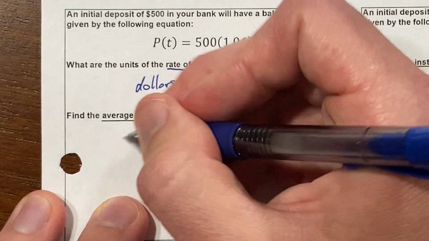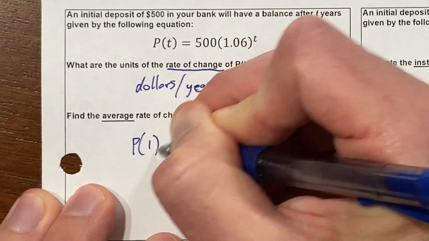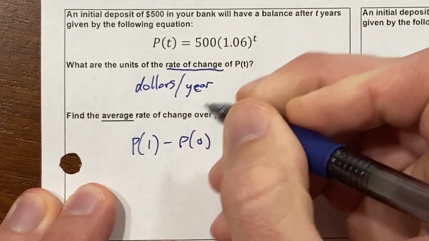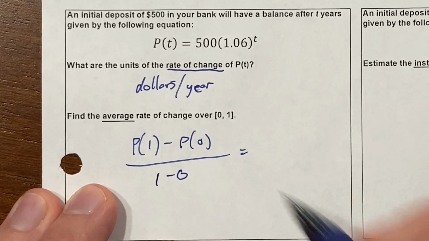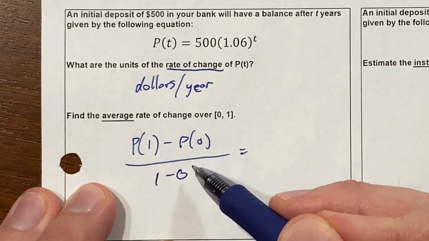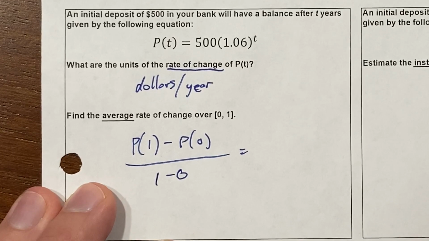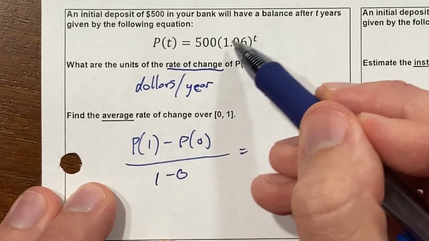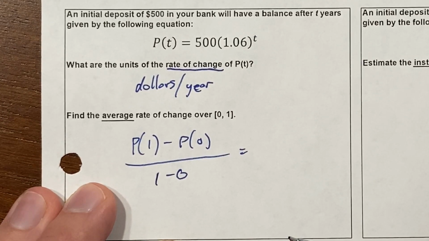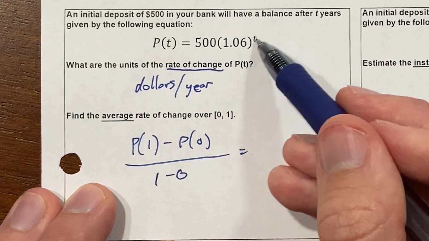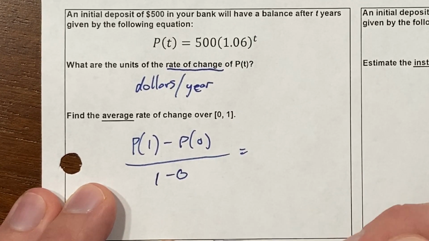Well, let's do this. Okay. P of 1 minus P of 0. Time interval on the bottom. I'm going to plug 1 into my calculator right there. Subtract when I plug in 0 right there. 0, that would be 1, so that would be 500.